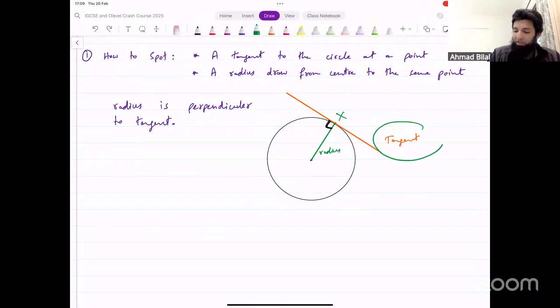So we have a tangent at a particular point and the radius at that same point coming from the center of the circle, they are going to be perpendicular to each other. This angle is always going to be 90 degrees. That's the simplest of all of these properties. Radius and tangent make 90 degrees with each other. All right, that's the first one.